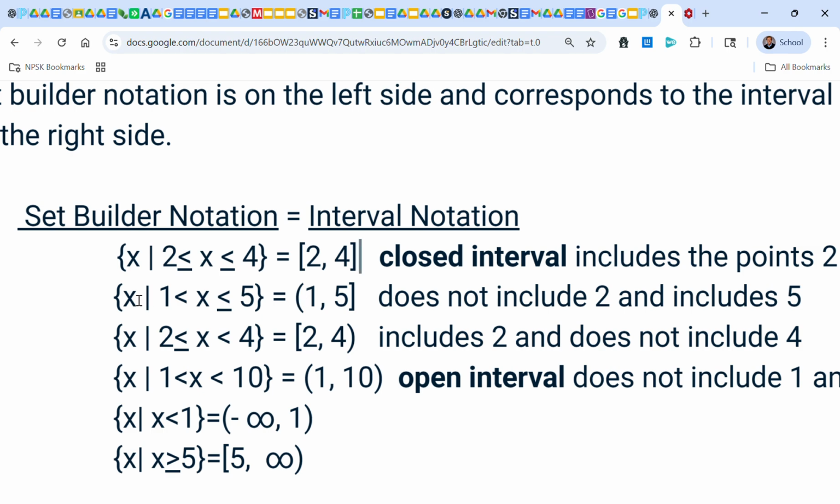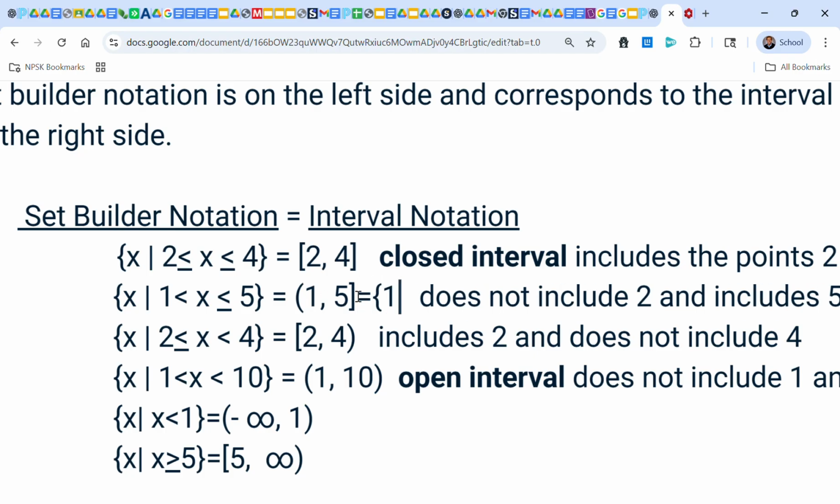This is a set in set builder notation. This is x such that x is a value not including 1 and including 5. So x is between these two values here. If we think about all of the values between 1 and 5, well, we know 1 is not in there.